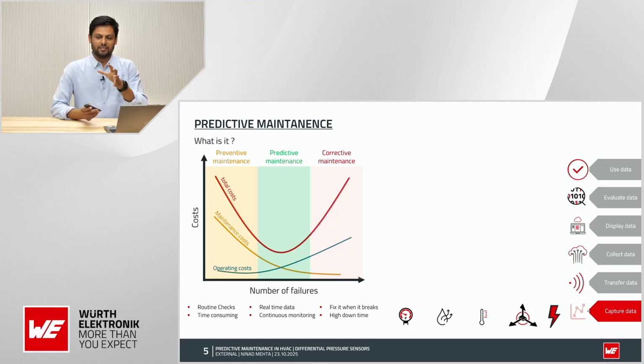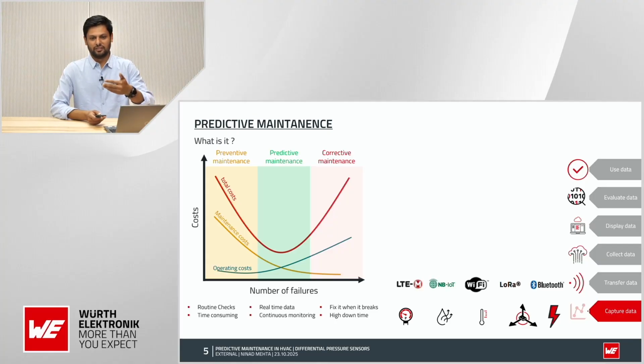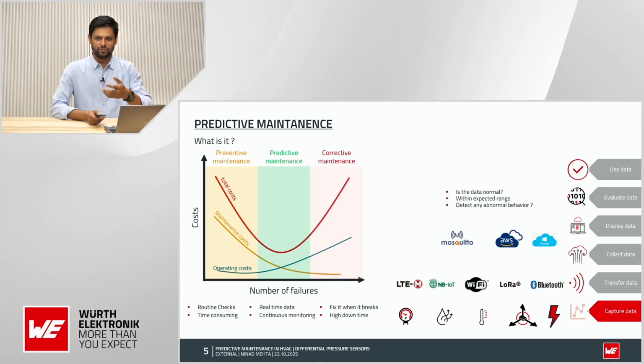With the sensors, you can capture the data, then transfer it over any protocol, Wi-Fi, Bluetooth, or any other proprietary protocol. So we send the collected data from point A to point B wirelessly, and then we can use cloud services to store and visualize the data.